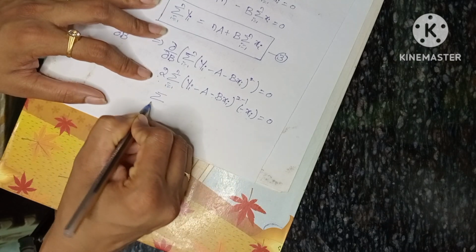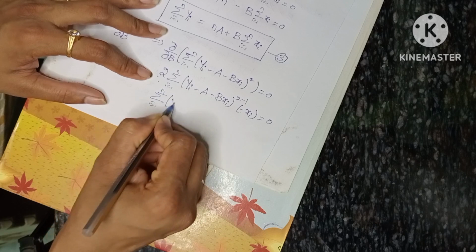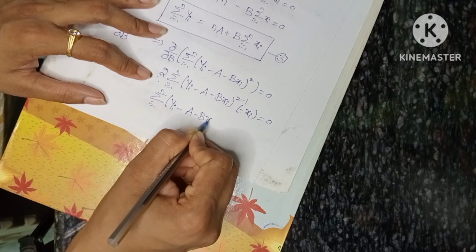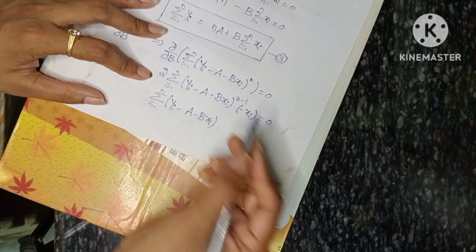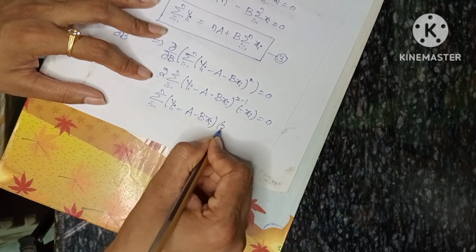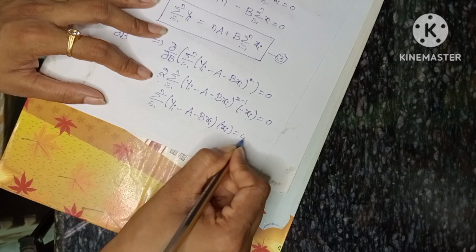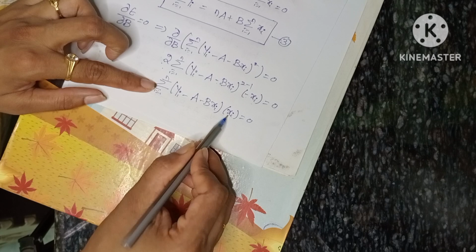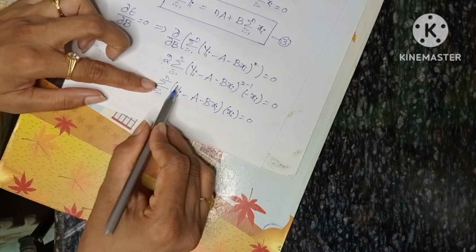So summation i equals 1 to n (yi minus a minus b xi) whole to the power of 2 minus 1 is nothing but 1. The remaining part is xi equals what? 0.